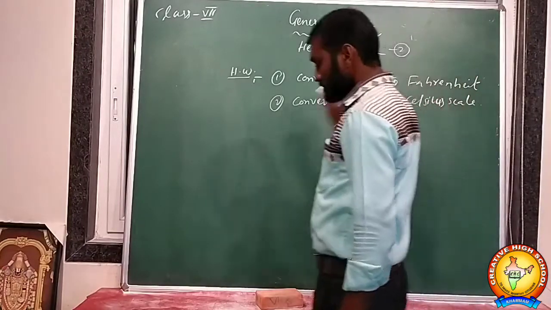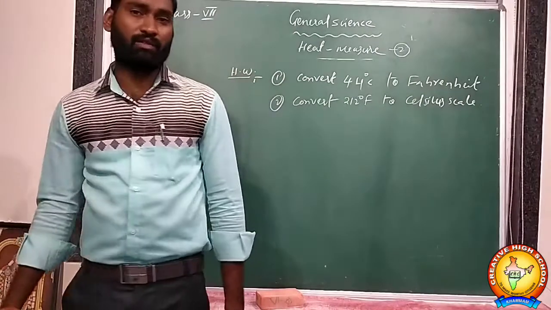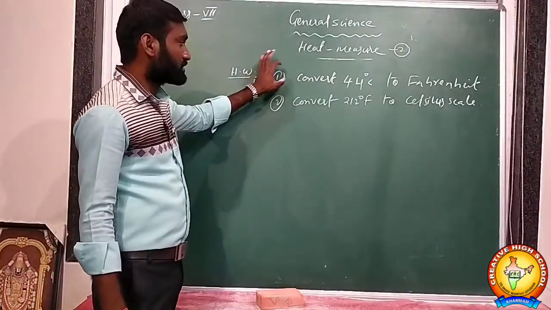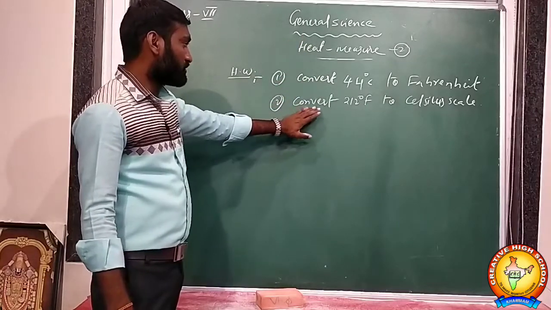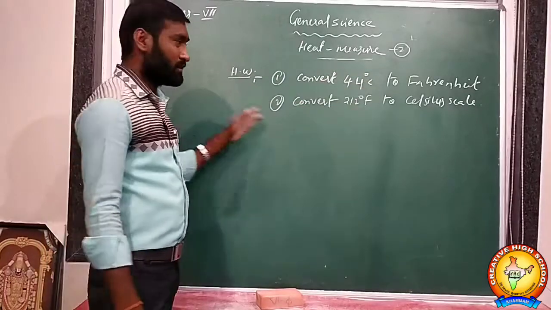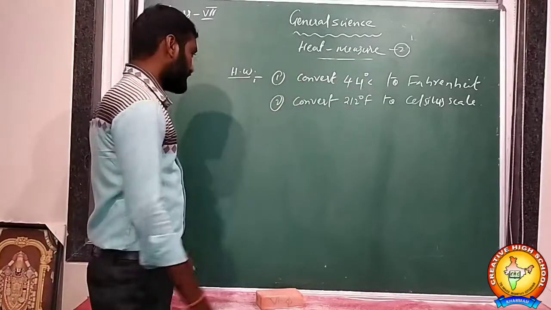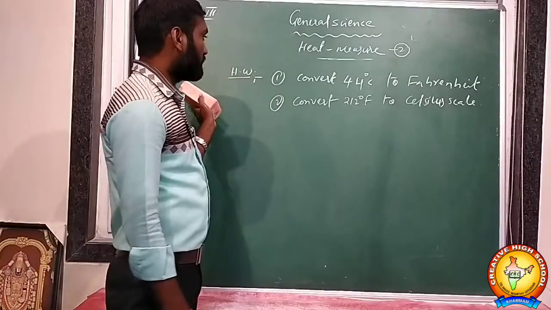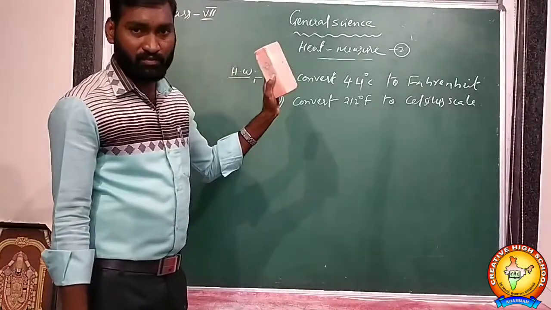So answer these two sums, all of you. Convert 41 degrees Celsius to Fahrenheit. Convert 212 degrees Fahrenheit to Celsius scale. Answer these two in your homework. Okay. So this is about conversion between Fahrenheit to Celsius and Celsius to Fahrenheit scale.